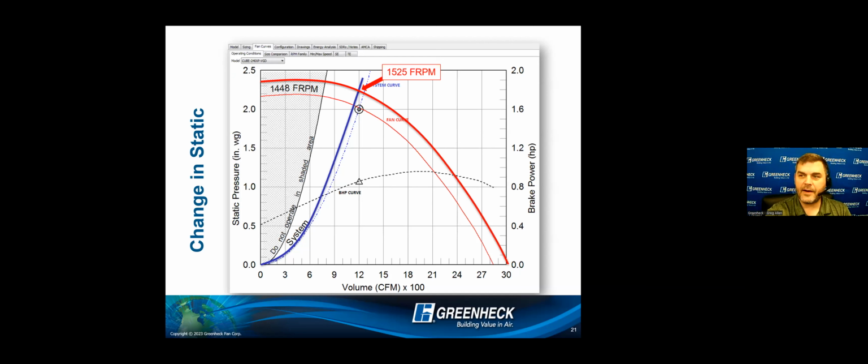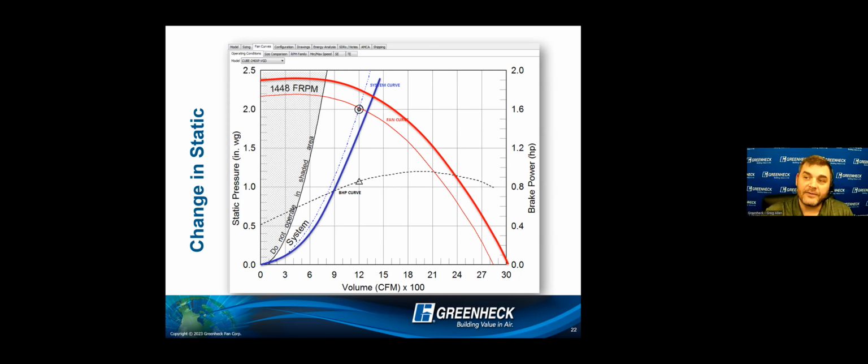All right, same scenario. Let's say I overshot. I padded my numbers. I made sure 2 inches is what I calculated, but there's actually only say 1.75 inches, right? So if you have less static pressure, that curve starts laying down, and then I've got a new impact point.